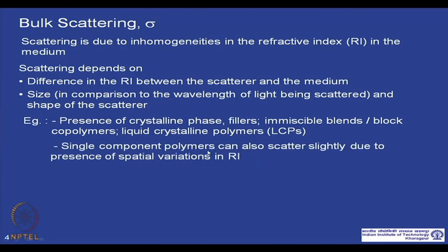Now, for a single component polymer, say a homopolymer or a miscible copolymer, they can also scatter slightly due to spatial variation of refractive index, due to the presence of some stresses, molding stress, or some other reason.